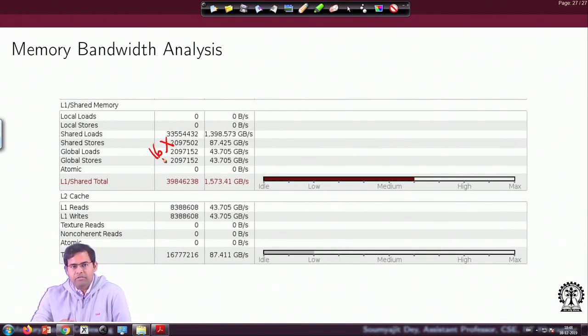Now, what does that mean? To be more specific, suppose I am working with 8 byte data, let us say double precision floating point. When I am trying to load such a column of data, the data sizes are 8 bytes with all the data positions located in the same bank.